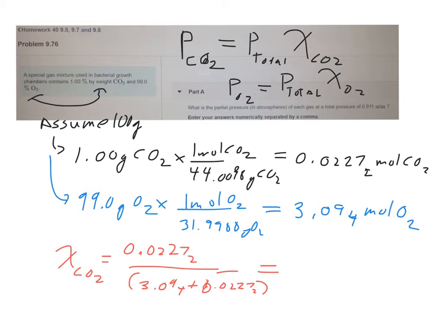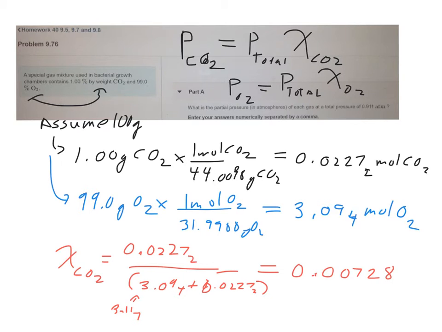That gives me 3.117 total moles. Then 1 over x times 0.0227 gives me 0.00728 as my mole fraction of carbon dioxide.